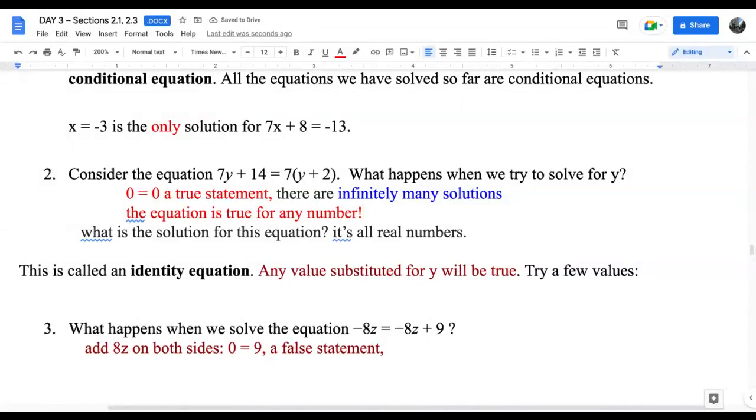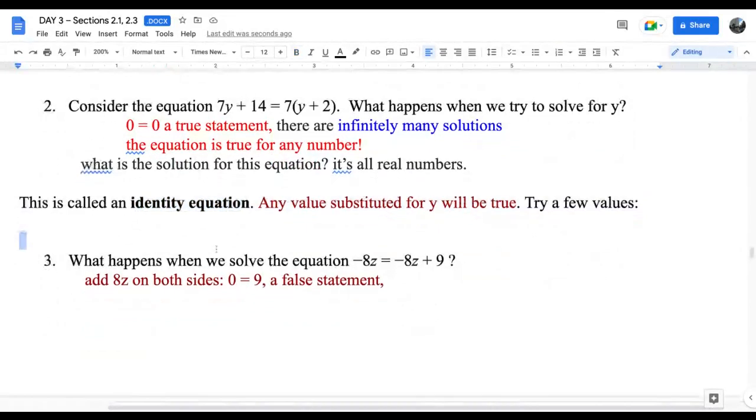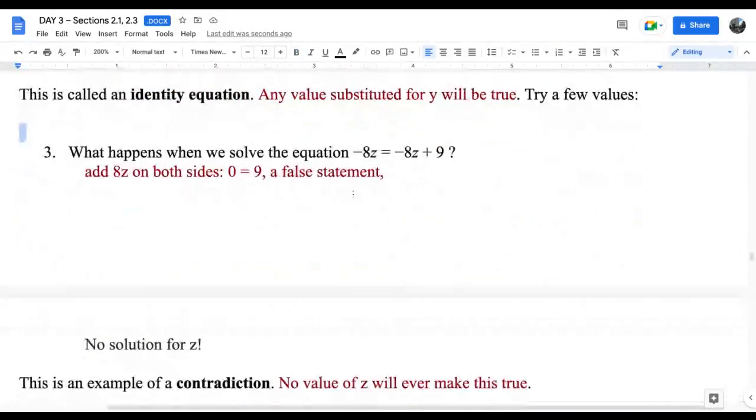Which means the equation is true for you plugging y to be any number. If you plug any number into y, the equation stays true because the left-hand side and the right-hand side equal each other. Some people call it an identity equation. It doesn't matter.